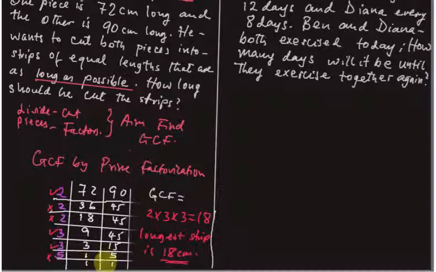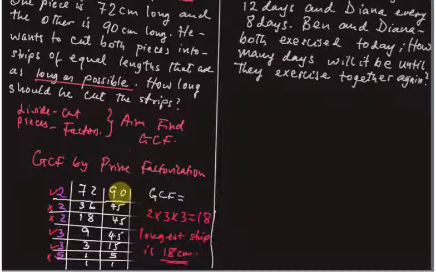So we pick all factors that went through all numbers. These are 2 and 3 and another 3. So it is 2 times 3 times 3, we have 18. This is 6 times 3, which is equal to 18. So we have the longest strip is equal to 18 centimeter.